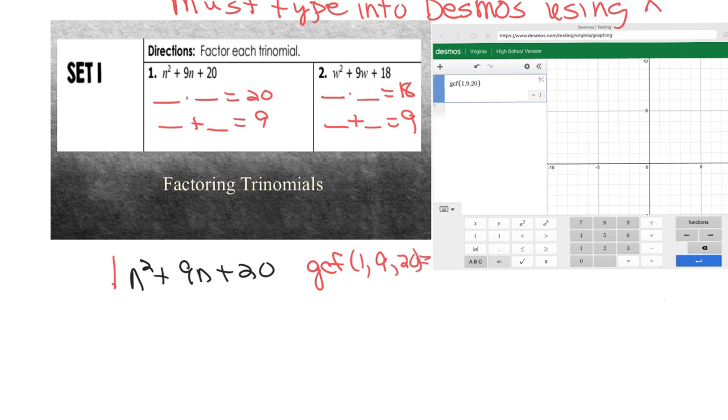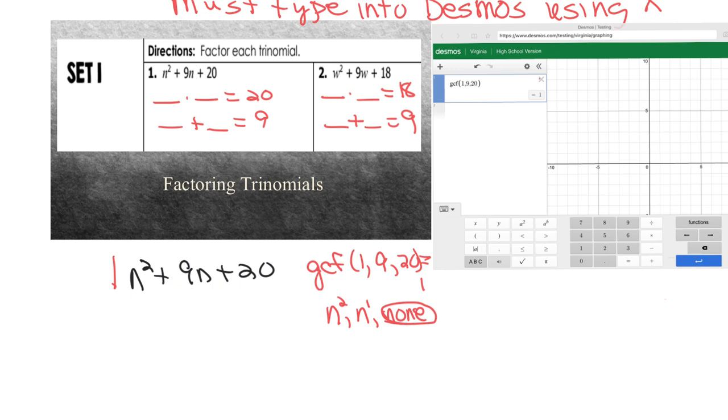And that tells me that the GCF is 1. When I look at the variables, I have n squared, I have n to the first, and I have none. Therefore, none is going to be how many n's go in the GCF. When your GCF is 1, it is not necessary to do the division.